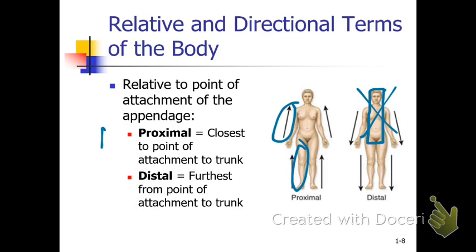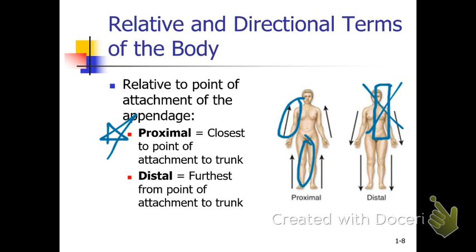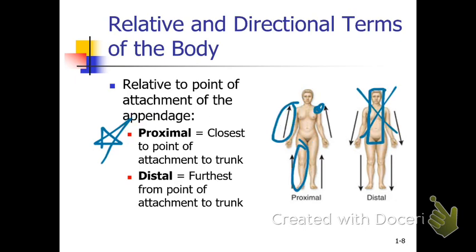So proximal means toward the point of attachment. So we see right here that, for example, the arm is attached to the shoulder, and so that's more proximal. And distal means greater distance away. So let's talk about these terms for a second. Let's think about your elbow and your wrist.